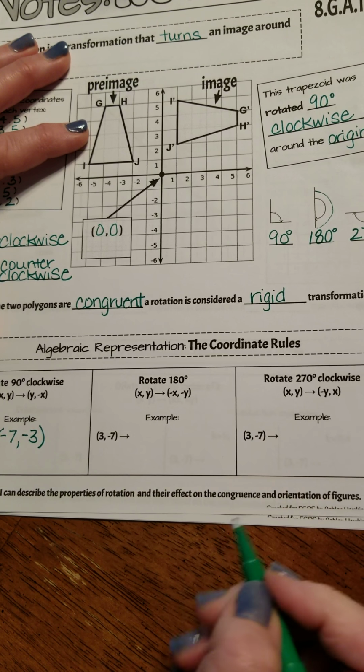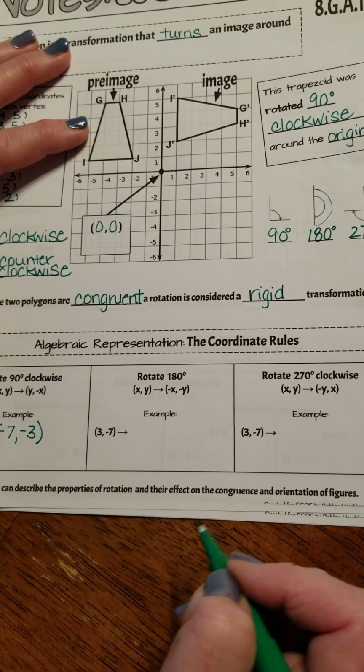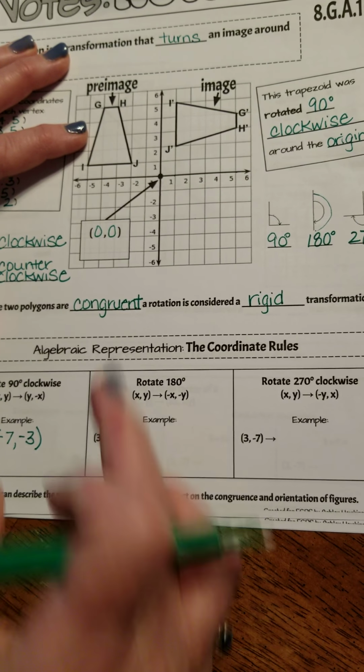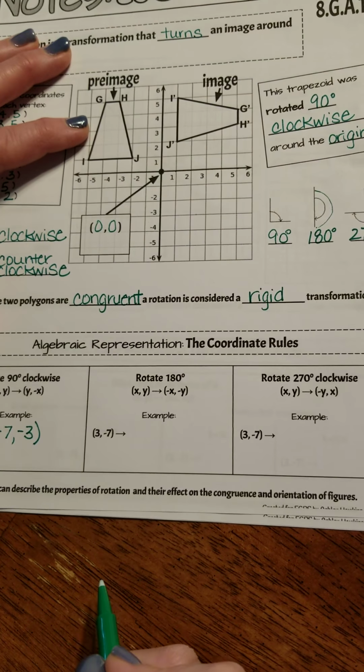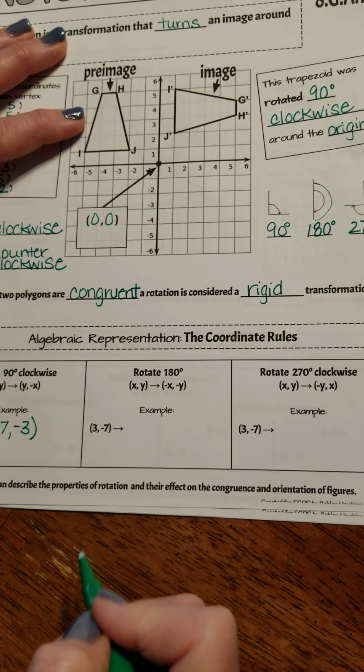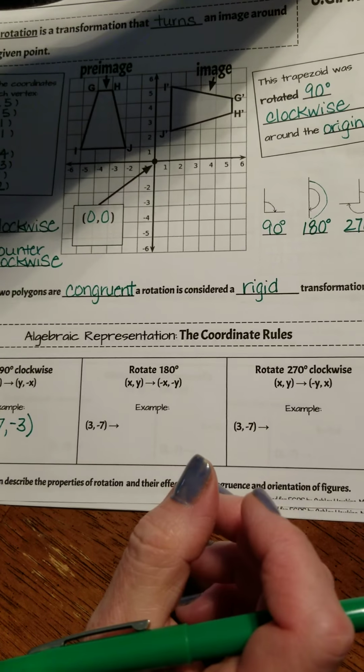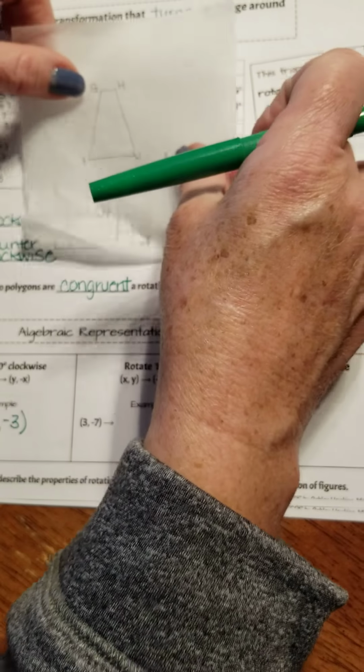So if we were going to rotate a shape 180 degrees so that it turns all the way around, and you start with x and y, let's look at how this is going to change.